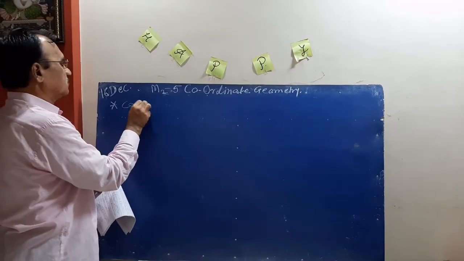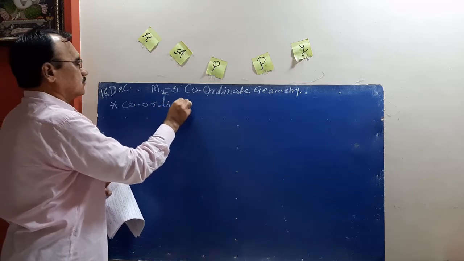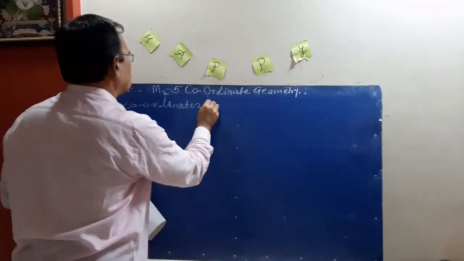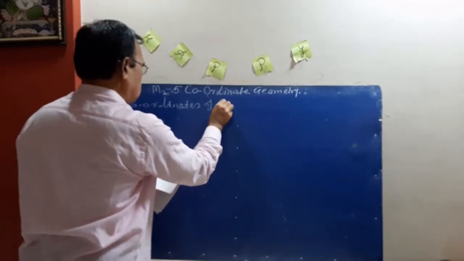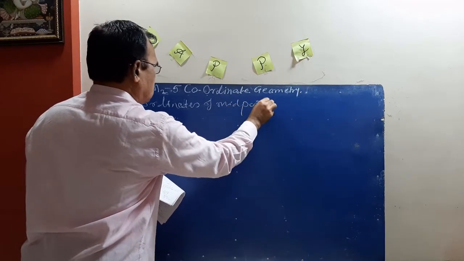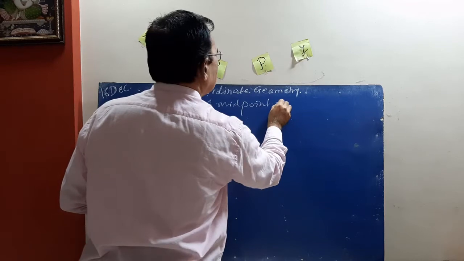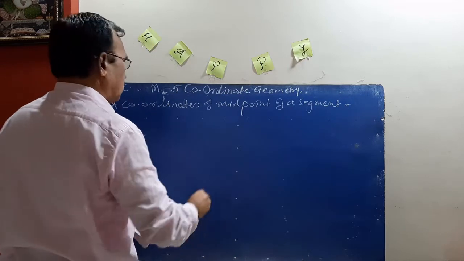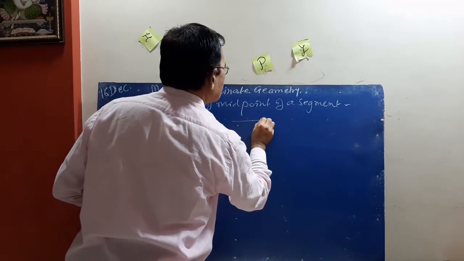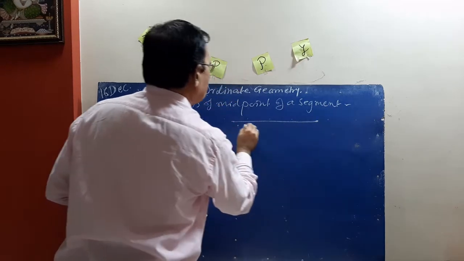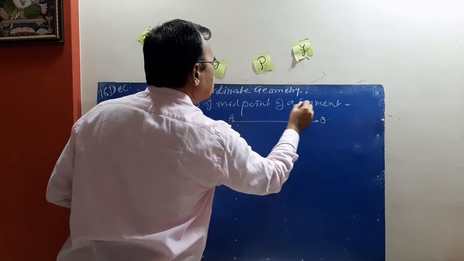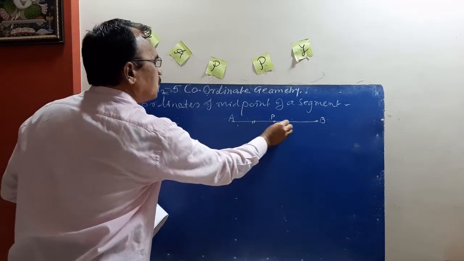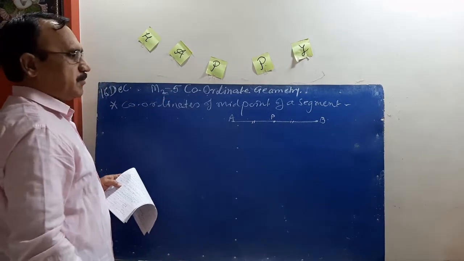Here we have to find the coordinates of the midpoint of a segment. Again, draw the figure. This is segment AB having midpoint P. That means AP is congruent to PB, because P is the midpoint of segment AB.